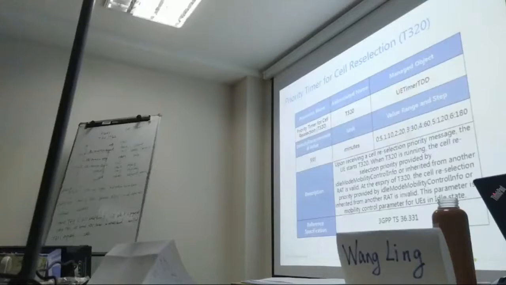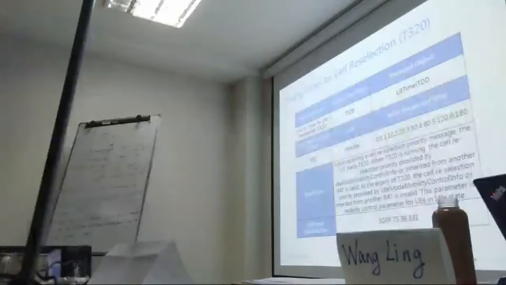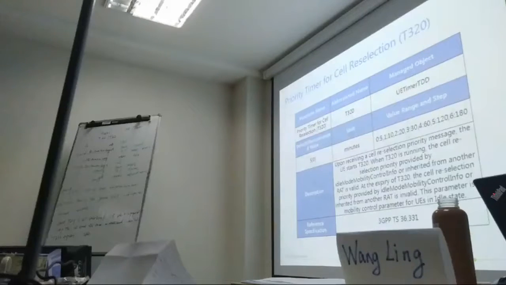The eNodeB will configure a new priority for this frequency, but it is only valid for this timer. Usually this timer is set to 5 minutes. So during this timer, the priority is valid. When this timer expires, okay, it recovers to use the old one. This is only used for load balance.